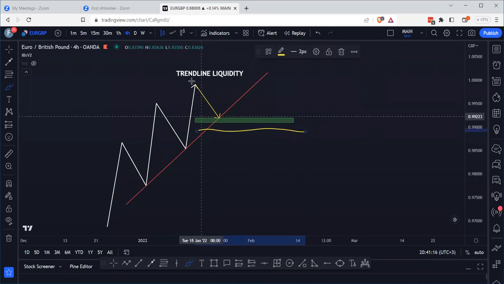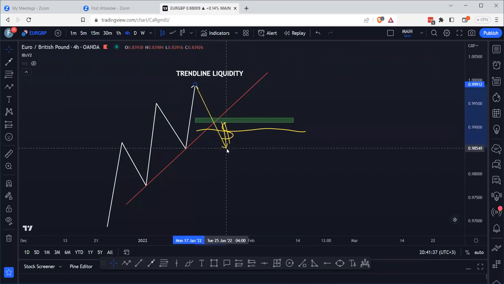So with trend line liquidity, a lot of traders will be looking to take entry for a buy here, which means people's stop losses are beneath this zone. So over here is a liquidity zone. More often than not, you see price will go down, grab people's liquidity, before going all the way up.